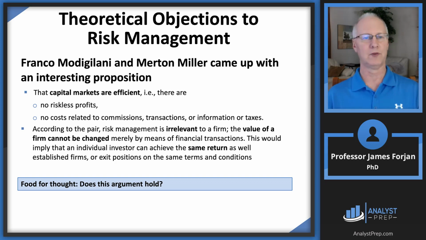Now, lots of people criticized M&M back in 1958 because they said things like, well, we don't live in a world that doesn't have taxes. We have things like transaction costs and bid-ask spreads, and clearly firms declare bankruptcy, and there's this agency conflict between and among all the different parties inside of a business.